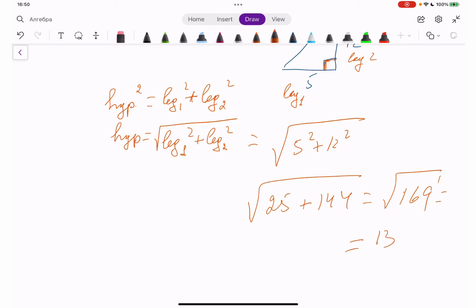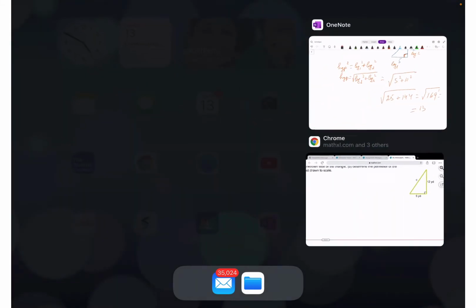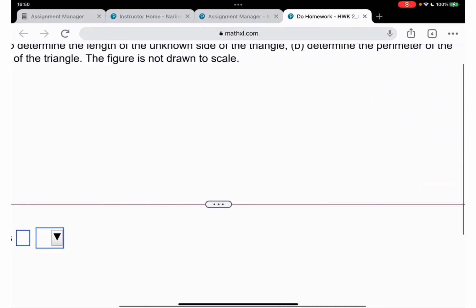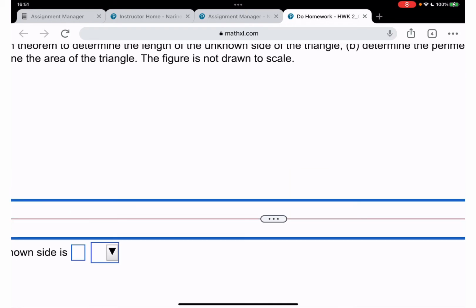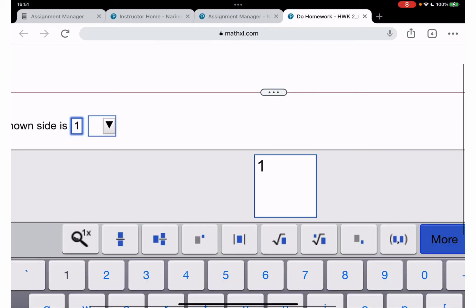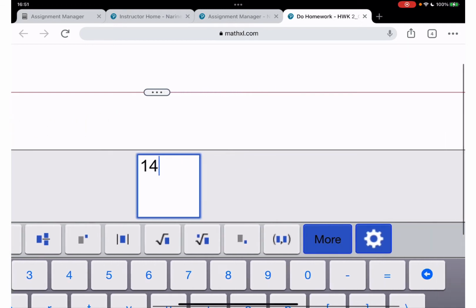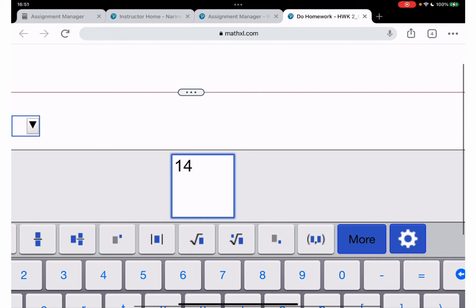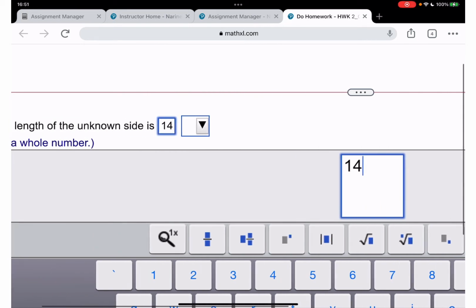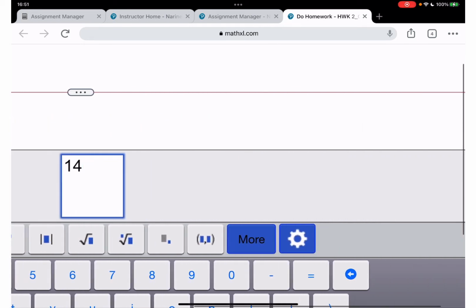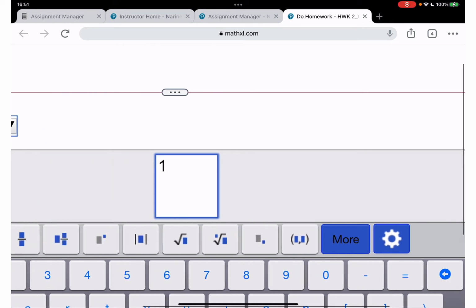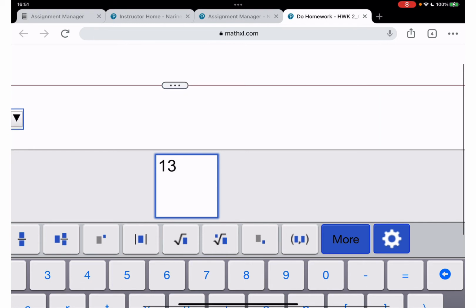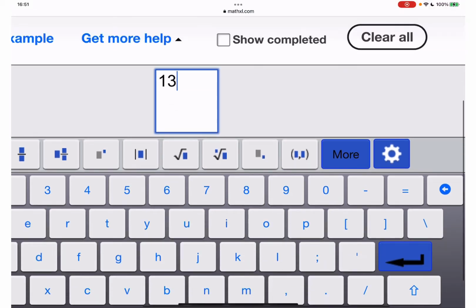So the side is equal to 13. Let me fix it. 13, and the measurement is going to be only centimeters.